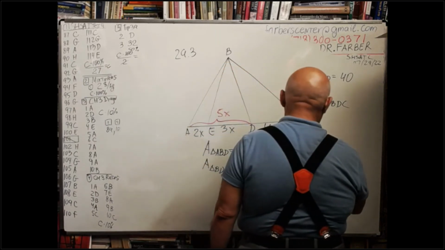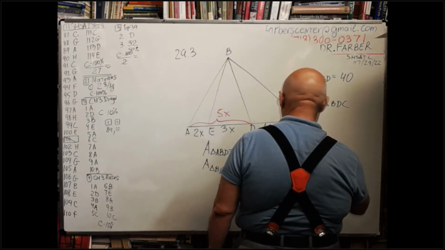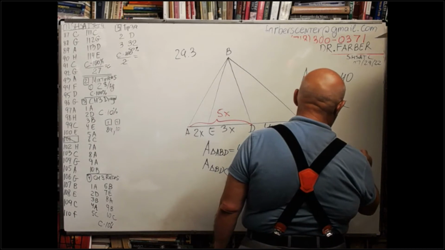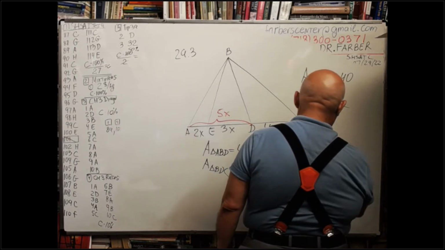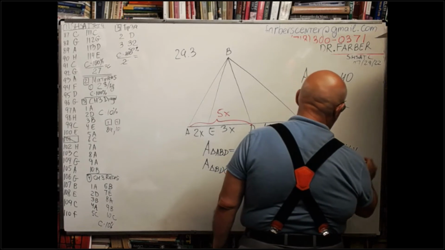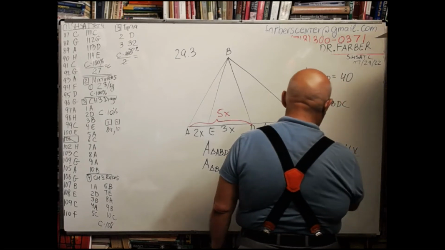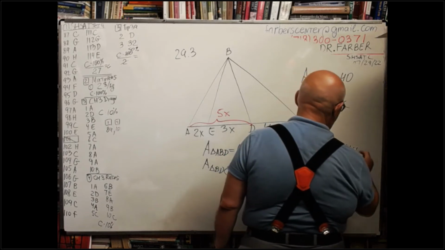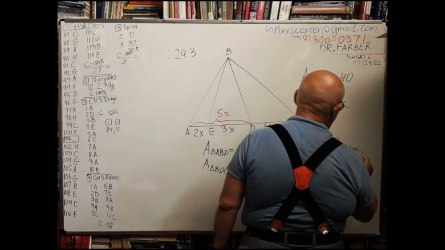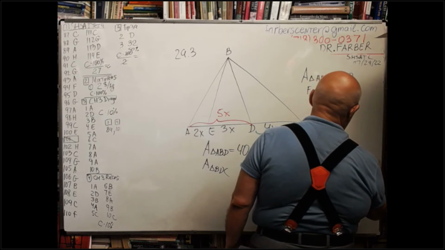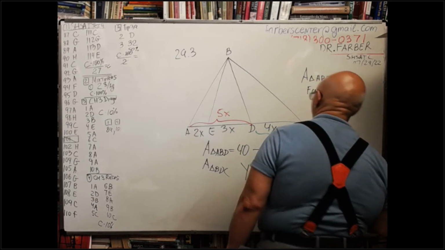Y times 5x equals 40 times 4x. Divide by 5x. Cancel, cancel, cancel, cancel. 5 goes into 40 8 times, 4 times 8, 32. One line.